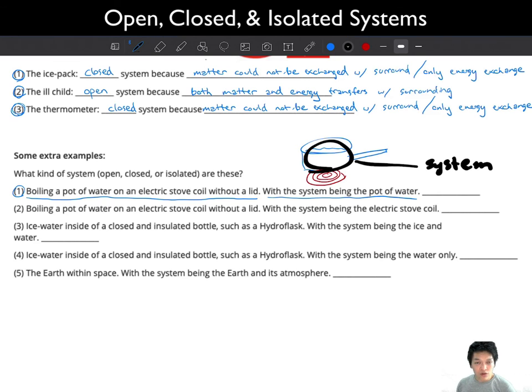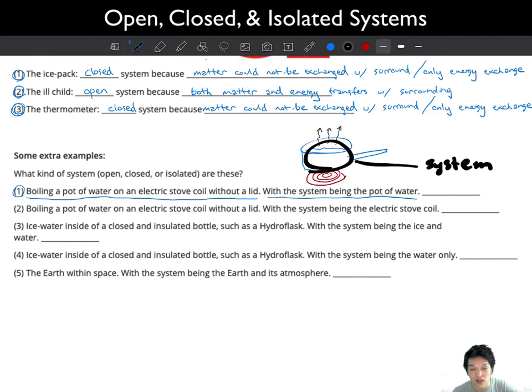Could it gain or lose energy with surrounding? Well, it's definitely gaining energy from the coil, right? So energy can be exchanged with the surrounding. What about matter? Is it gaining or losing matter with the surrounding? Well, the most obvious thing is that the water is probably going to be boiling, and we lose that water to the surrounding when it turns into steam, right?